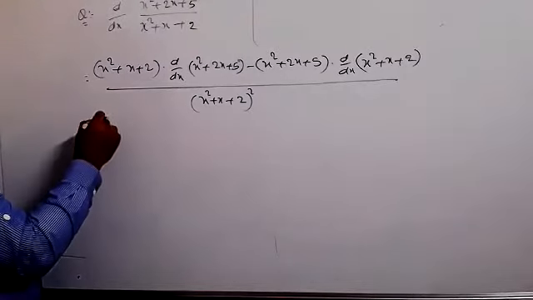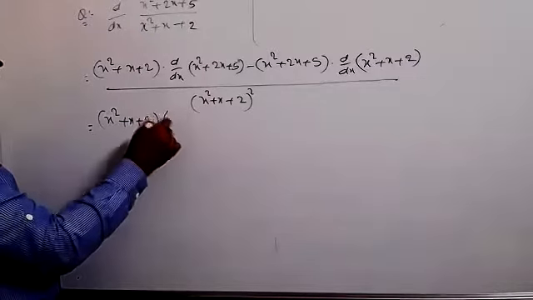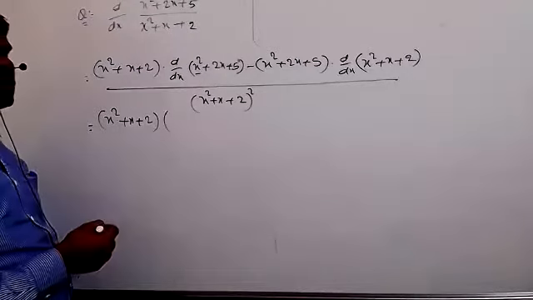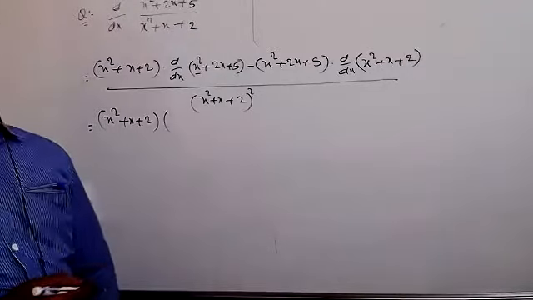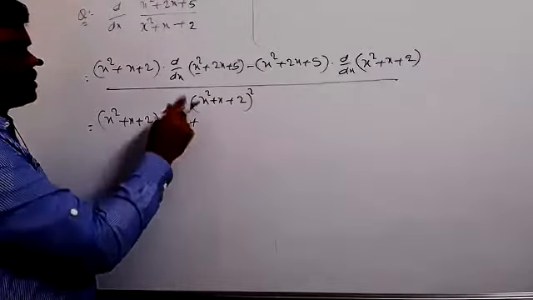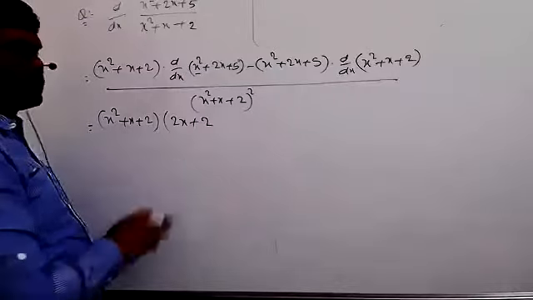Now differentiate. x square plus x plus 2 into differentiation of this function: differentiation of x square equal to how much? d by dx of x square equal to 2x, plus differentiation of 2x equal to 2, constant equal to 0.